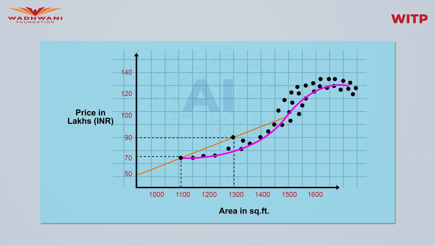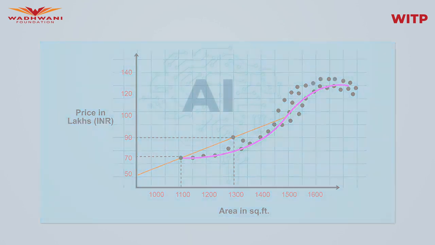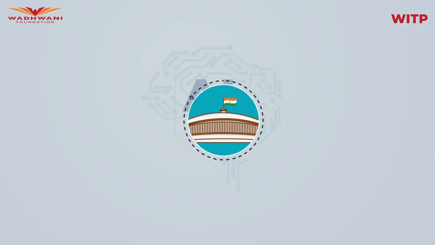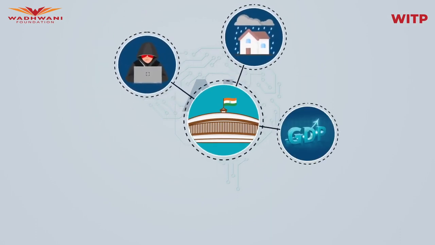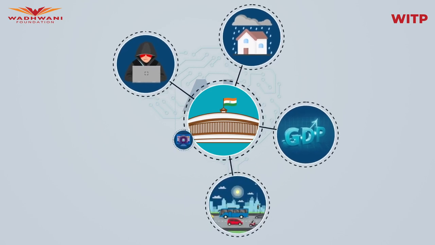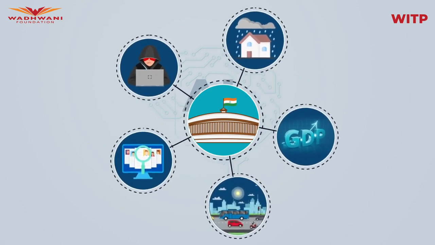Once our ML algorithm is able to find the relationship between house area and house price in Delhi, the algorithm can be used by a buyer or an officer working in the property registration office to make accurate predictions on house prices. Machine learning can also help government bodies in detecting fraudulent transactions, predicting monsoons, forecasting GDP, decreasing traffic, detecting crimes, and much more.